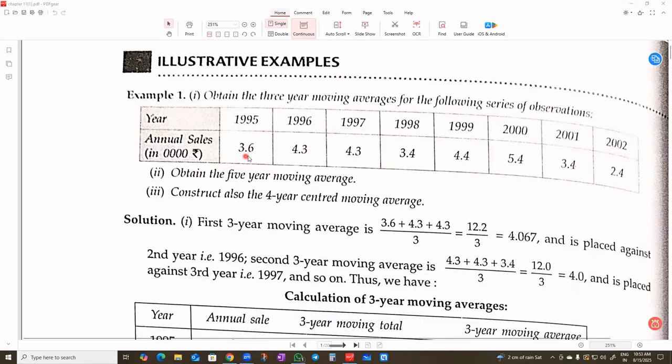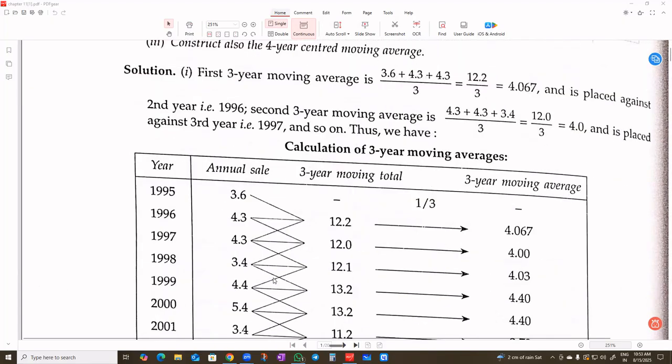So step 1 is completed, step 2 is completed, and next is the third step for the third year moving average, from 1997, 1998 and 1999. These 3 years will be considered: 4.3, 3.4 and 4.4, divided by 3. Understood?